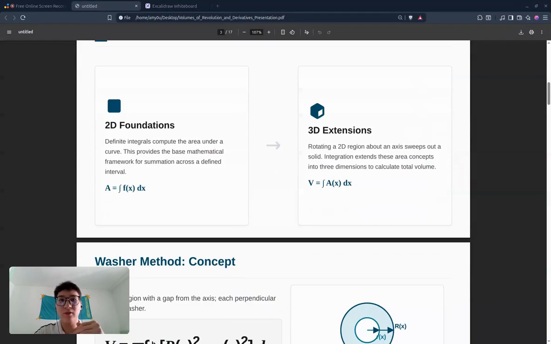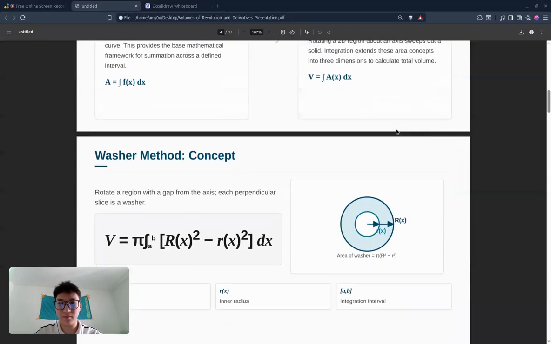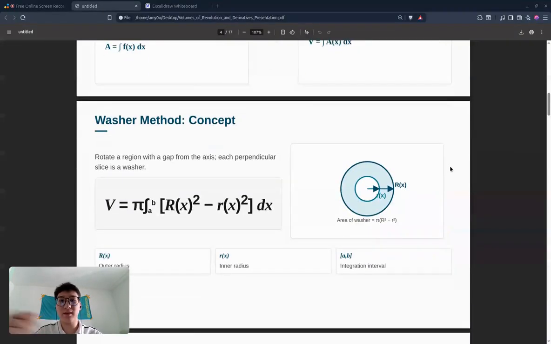Slicing perpendicular to the axis gives us disks or the washer method. And slicing parallel to the axis gives us cylindrical shells, our second method. So let's start with the washer method. The washer method is just a simple extension of the disk method. With the disk method, the region touches the axis of rotation, so every cross section is a solid circle.